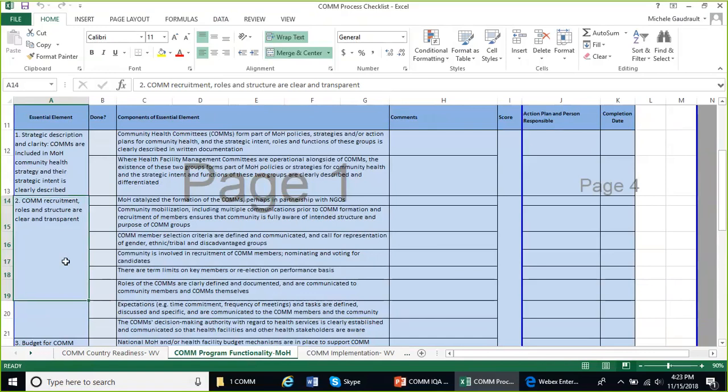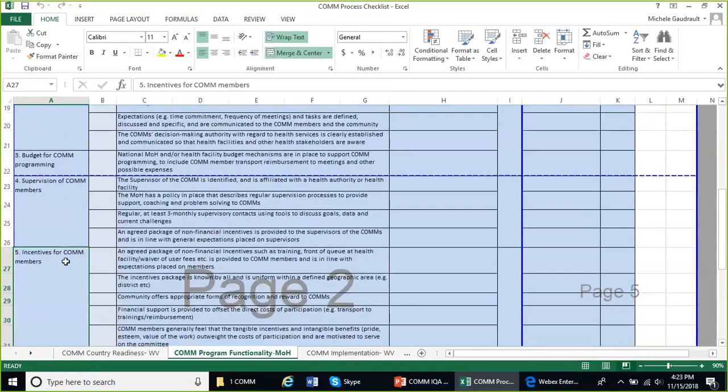And as Polly has said, as she and I have discussed, although these responsibilities, strictly speaking, are MOH responsibilities, in actual fact, on the ground, there's a lot of cooperation between World Vision and MOH, a lot of assistance and support that World Vision provides to MOH in terms of getting these types of components in place.